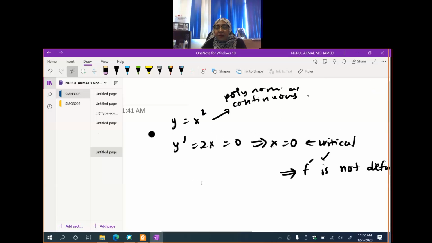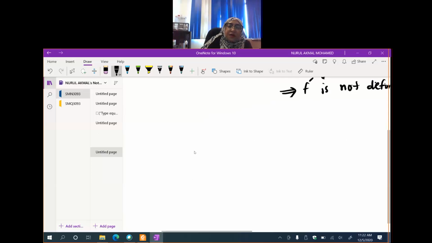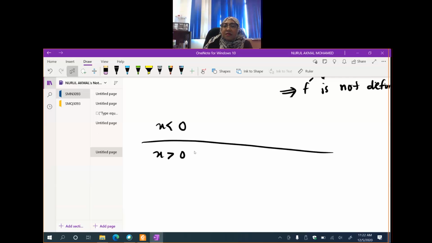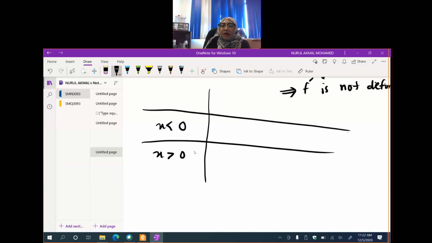And then we want to divide into two intervals. So there's one critical point, so x is less than 0, and the other one is x greater than 0. And then we would like to know the sign of f prime, right?